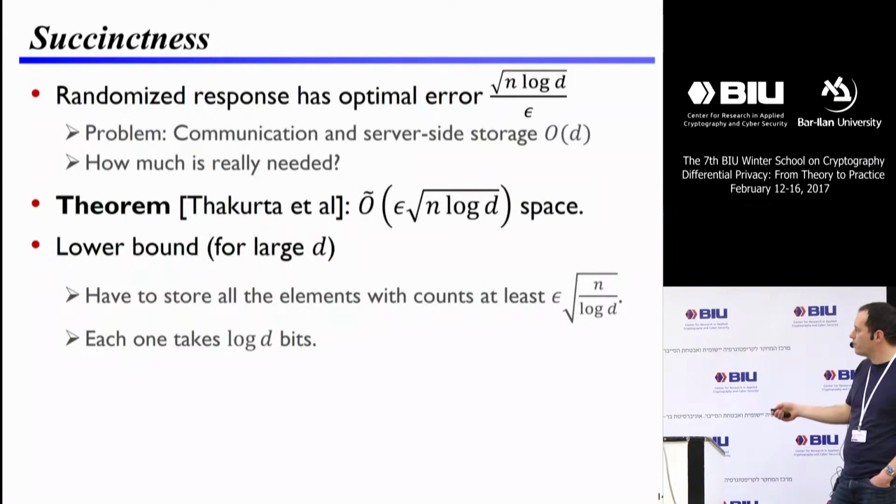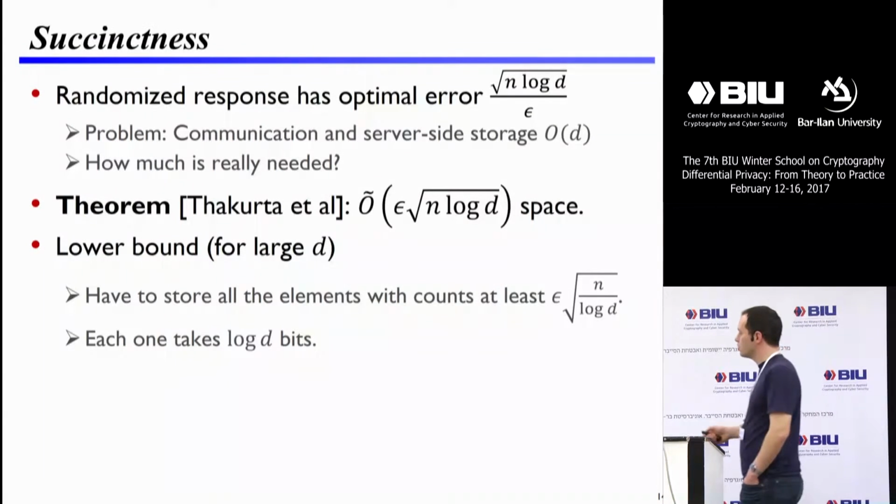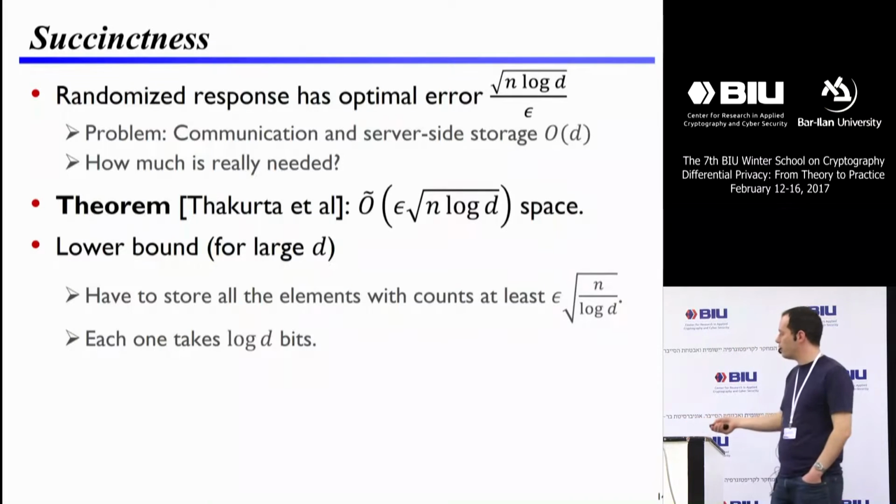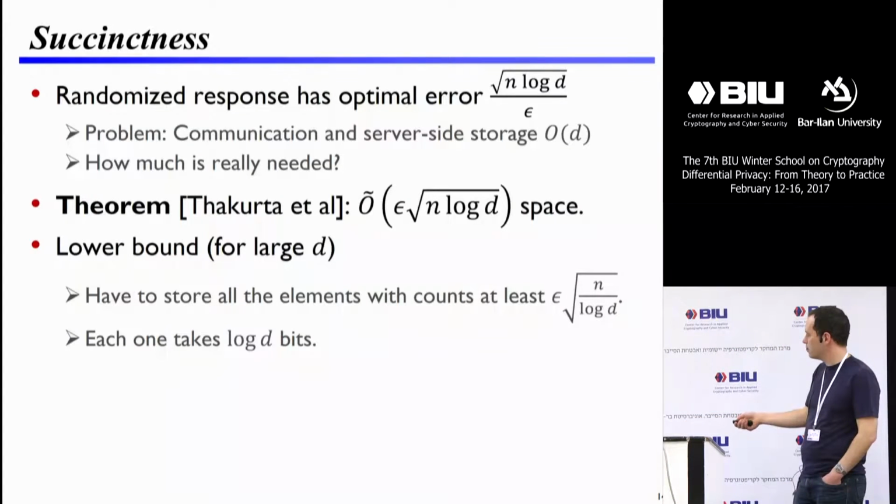If you want to solve the histogram problem to this level of accuracy, then at the very least you have to remember all the bins whose counts are larger than this. How many such bins are there? There could be as many as epsilon times square root of n over log d, so it's like n divided by this number.